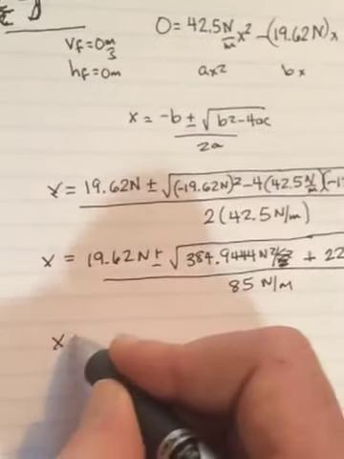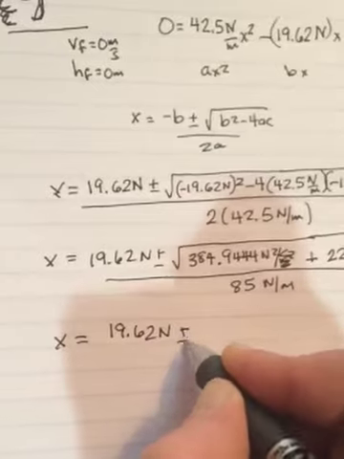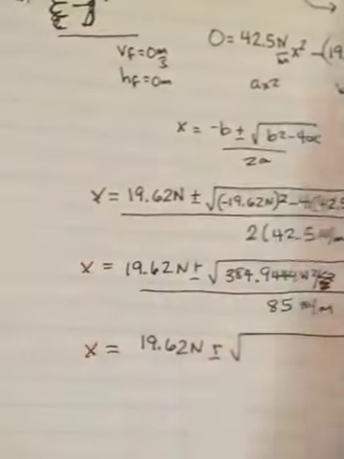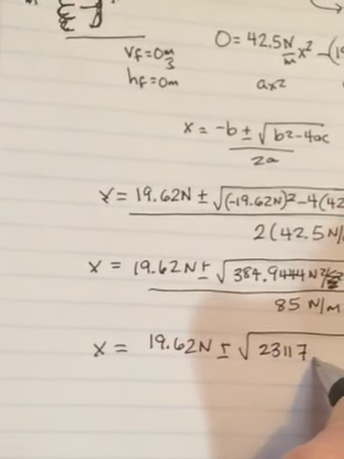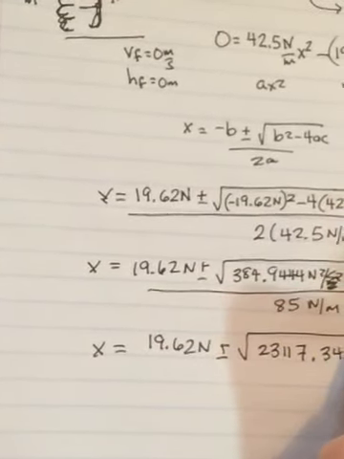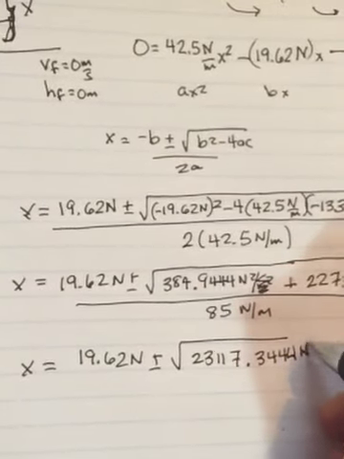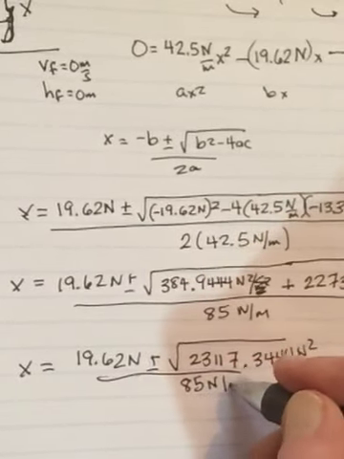So I have x is equal to 19.62 newtons plus or minus. The whole thing under the root becomes 23117.3444, whoops, off the page, newton squared over 85 newtons per meter.